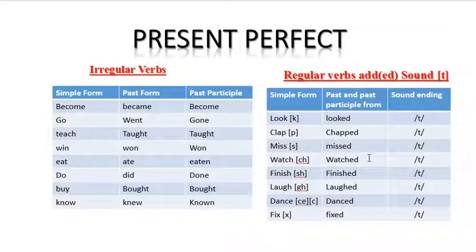That is the rule when we read or speak. It's no problem for writing, but in reading maybe it causes some problems. Remember, verbs ending with k, p, s, ch, sh, gh, ce, c, and x, we express the sound t.